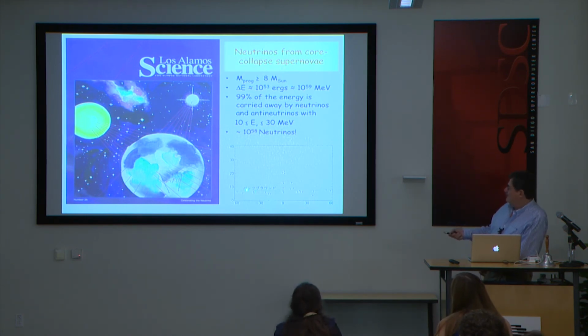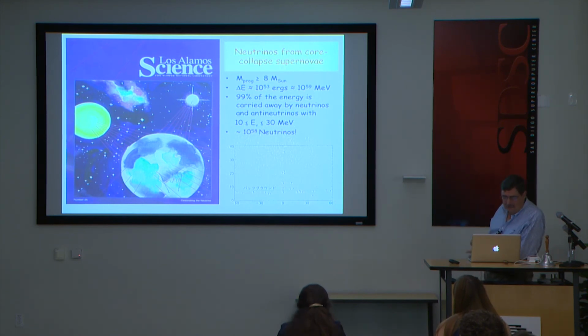Kamioka is a Japanese experiment, so this is in Japanese, but it says background in Japanese, this line. And you can see that until the explosion, the background is more or less constant. Then the supernova explodes. You get this nice peak of the neutrinos. These are the neutrino events.